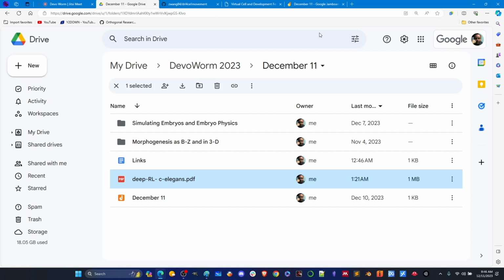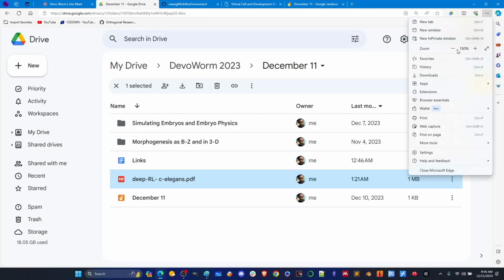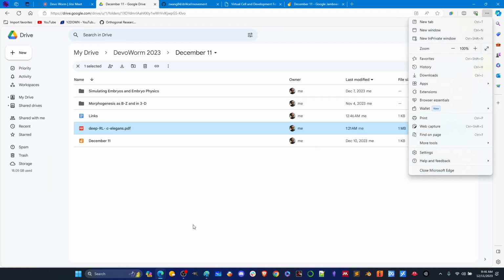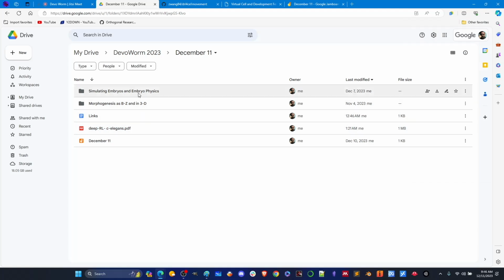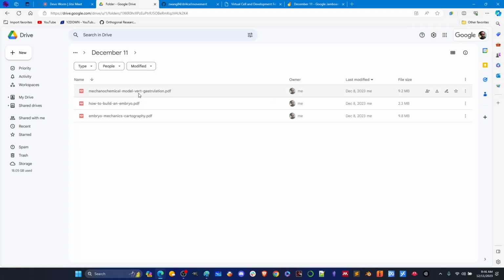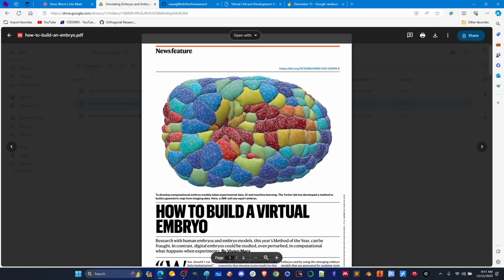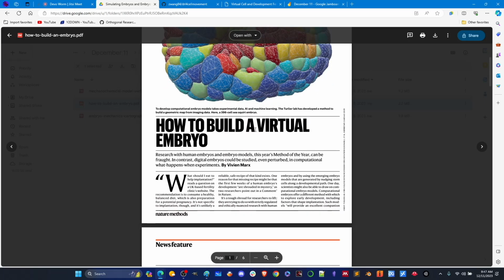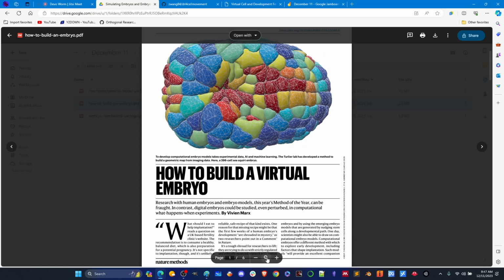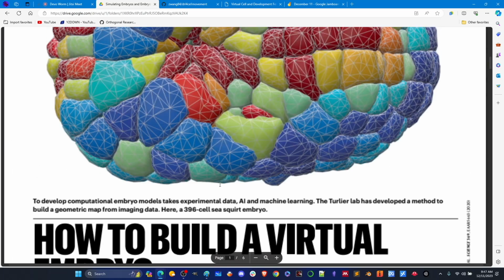Okay, the next thing I wanted to talk about today is, there's been a lot of stuff out about simulating embryos. There's this set of papers, but there's also this sort of target article that came out in, I think, Nature Methods. It's an article on people building virtual embryos.